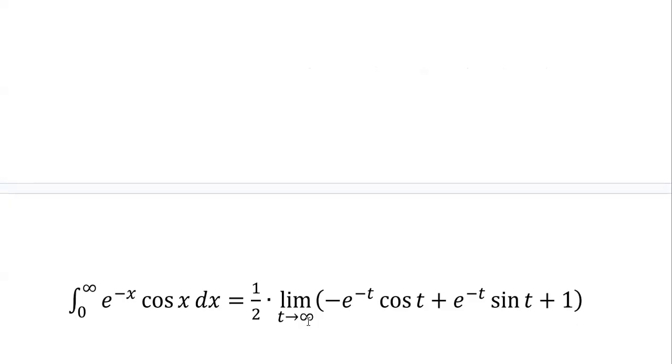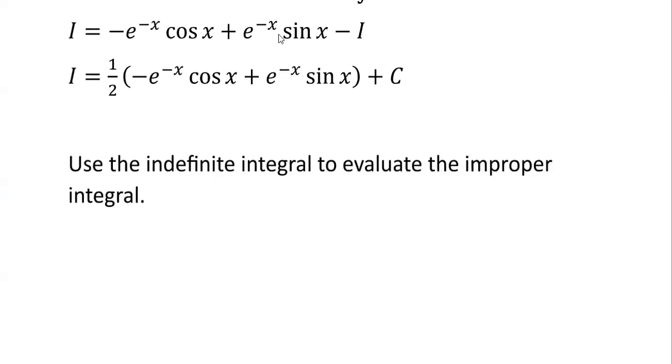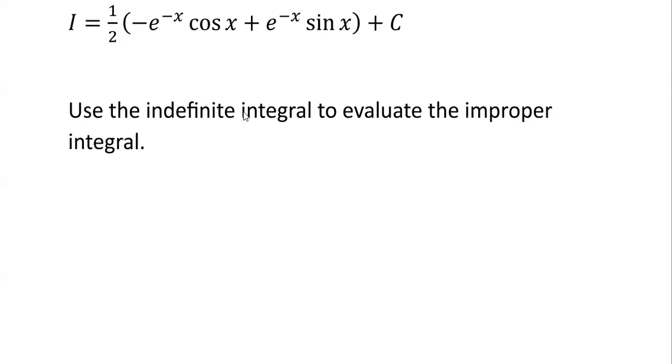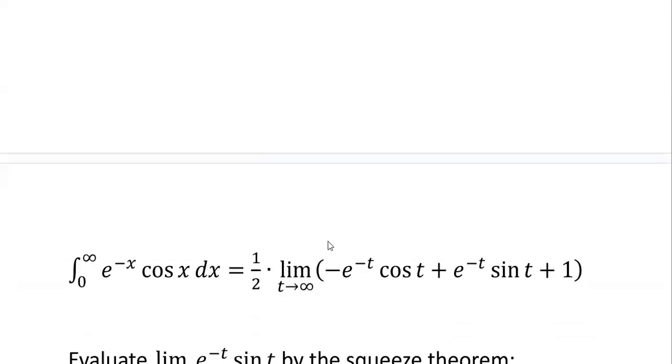And then I already did the fundamental theorem of calculus. So take the antiderivative here, plug in the upper bound, which is t, minus plug in the lower bound. When we plug in 0, we get -1. So then -1, that's +1. And the half's the constant, so I moved it out in front of the limit.